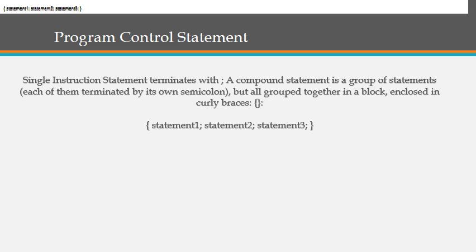Each one within the group will end with its own semicolon, but the group or block will be enclosed in curly braces. We see the example here on the screen where we have three statements, statement 1, statement 2, statement 3, each one ending with its own semicolon, but they are grouped together using the curly brackets.